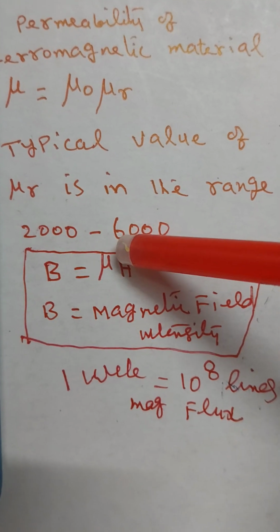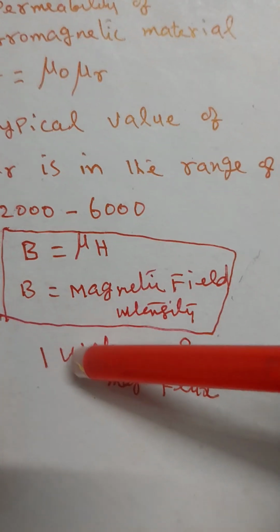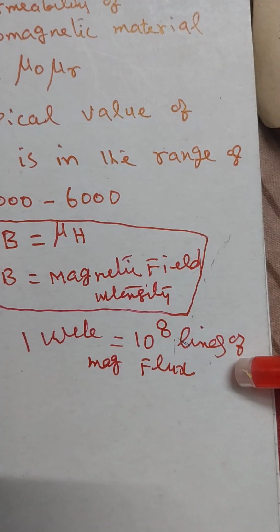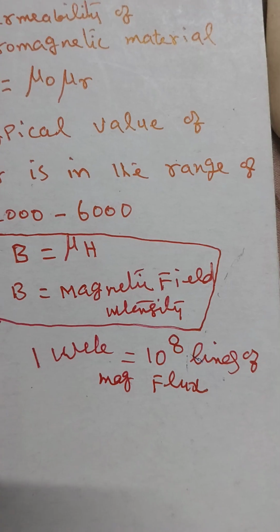The unit of flux is the Weber, and 1 Weber is equal to 10 to the power 8 lines of magnetic force.